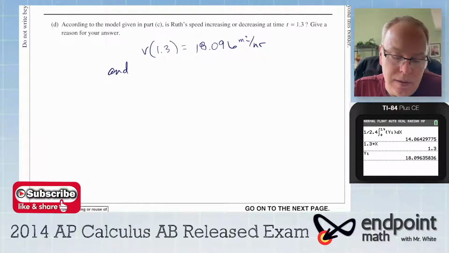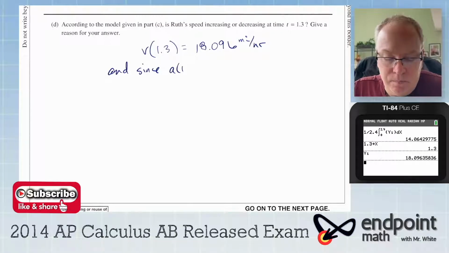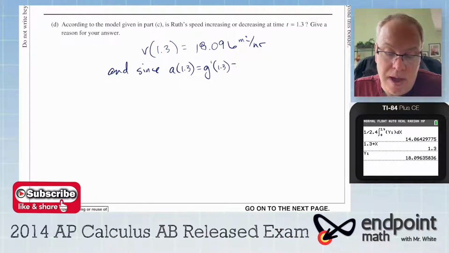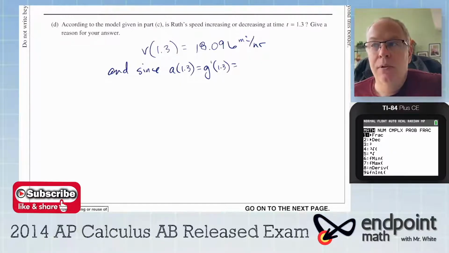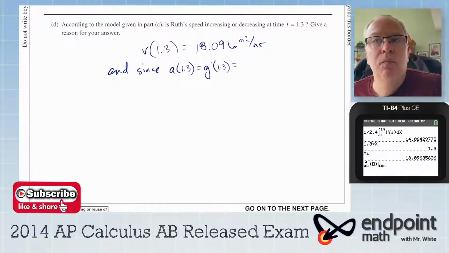And since acceleration is the same thing as the derivative of our function, I'm going to use my numerical derivative feature on the calculator to do that. So I go to Math. I'm going to go down here to numerical derivative, number 8. And I hit Enter. There it is. We're going to hit dx.